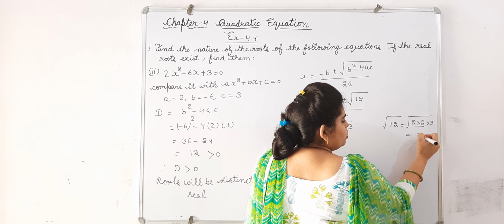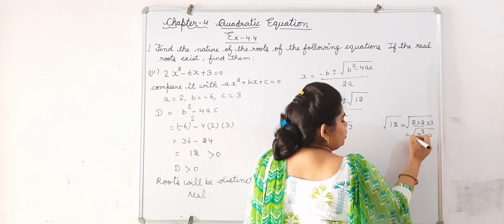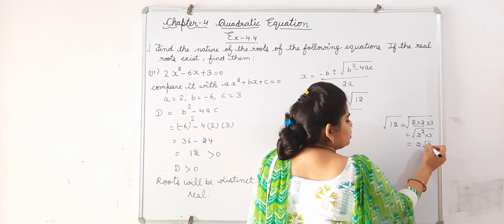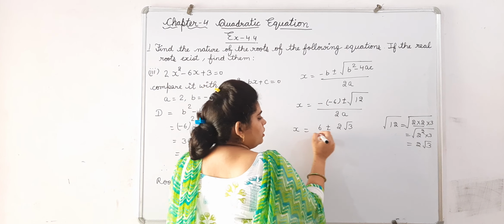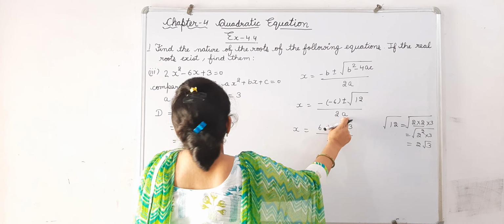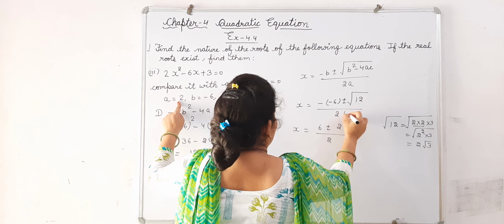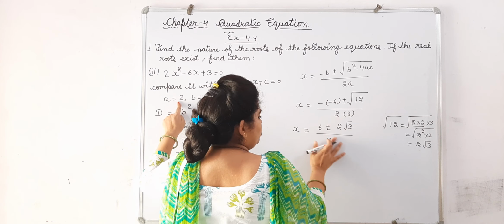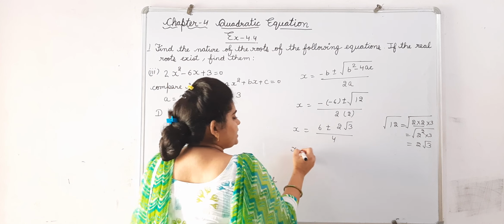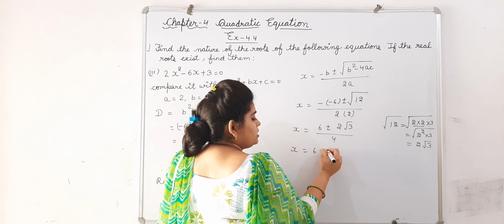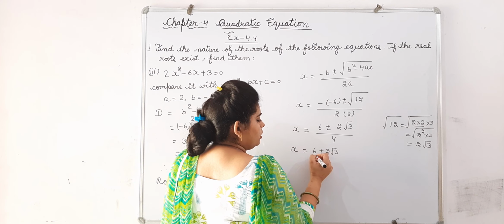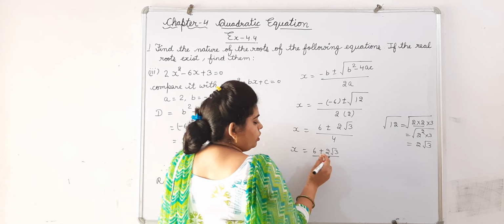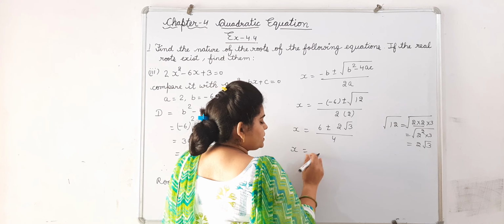On pairing, root of 2 square into 3 can be written as 2 root 3. And what is the value of a? 2. Then 2 times 2 is 4. x is equal to 6 plus minus 2 root 3 divided by 4, or you can take 2 common from the upside.